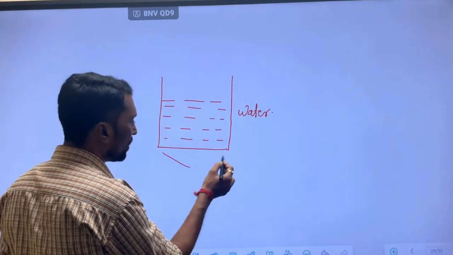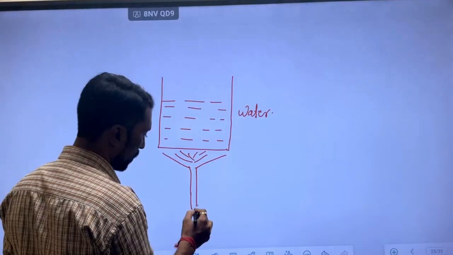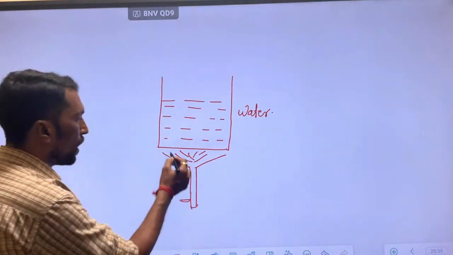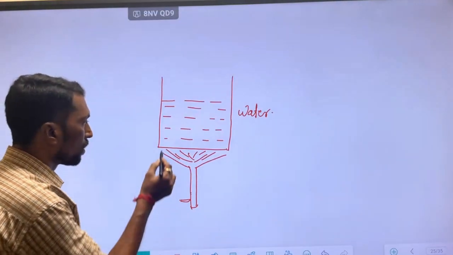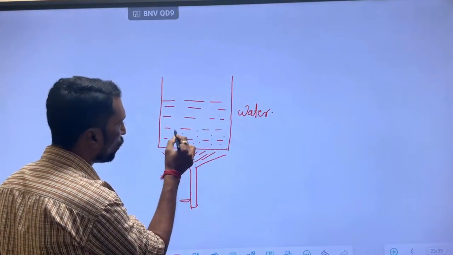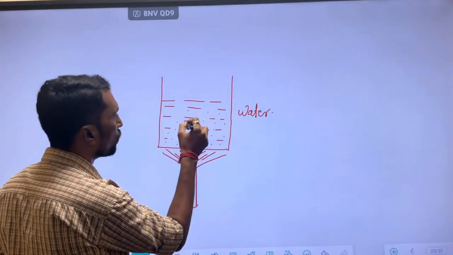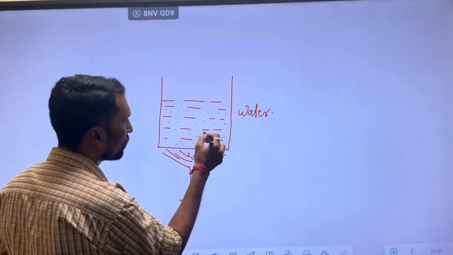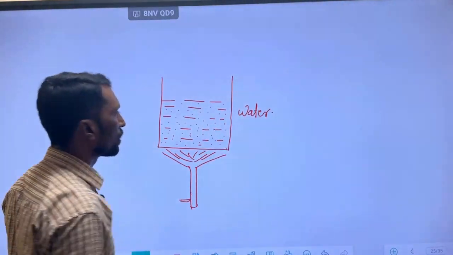When we heat that water by using the burner, the water molecules present in that water, these are some of the water molecules.